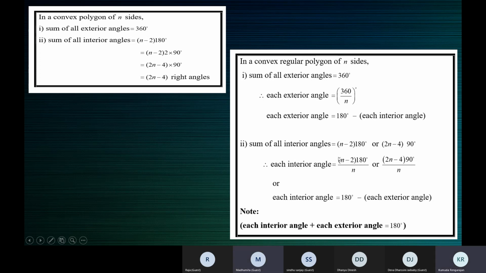Whatever measure we take, we'll get only 180 degrees as our answer, no, ma'am.